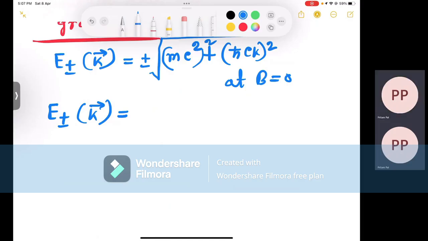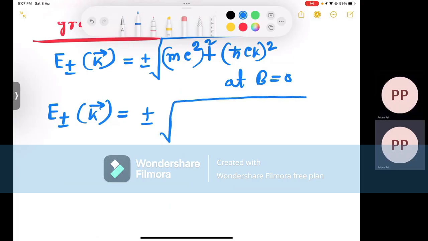So it's a function of the index of Landau levels, and it has the following form. There is mc squared, of course, from the rest energy.